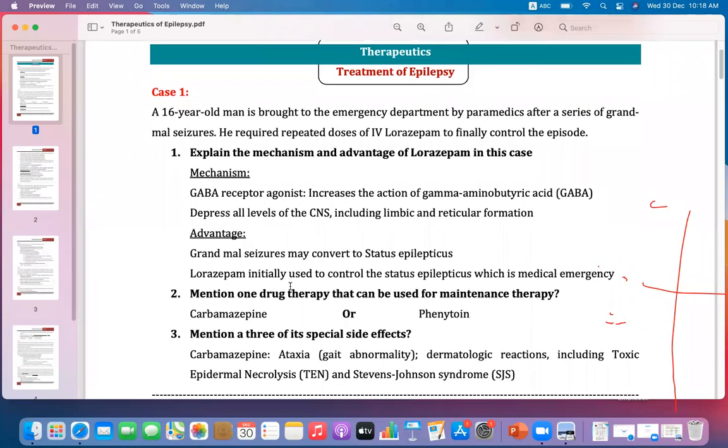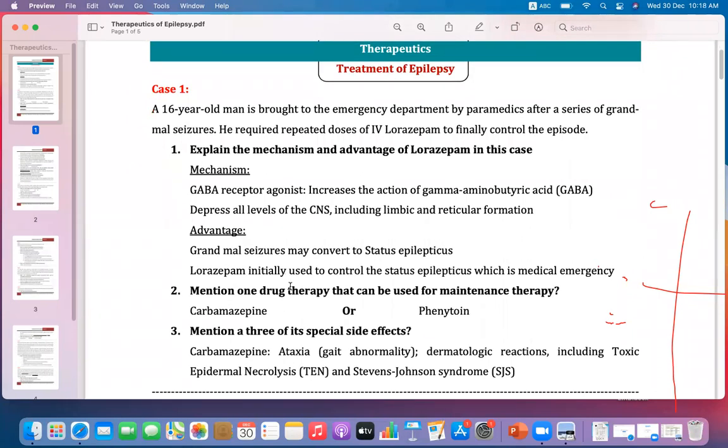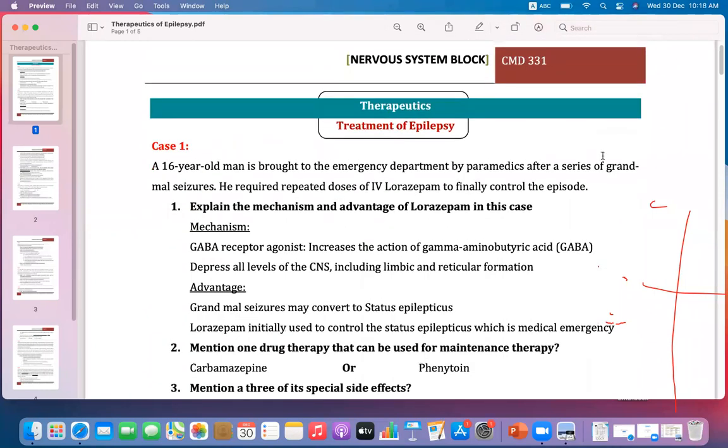What is the advantage of lorazepam in this case? As we know that grand mal seizures or epilepsy may convert to status epilepticus, and in the case there is a series of grand mal epilepsy, if it is not controlled within the time period, it may lead to status epilepticus, and status epilepticus is a medical emergency.